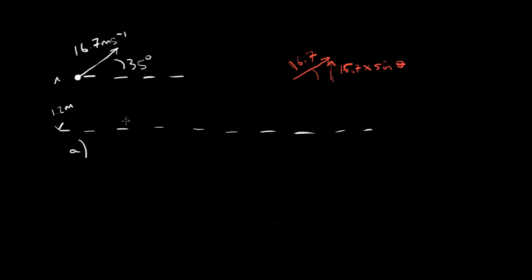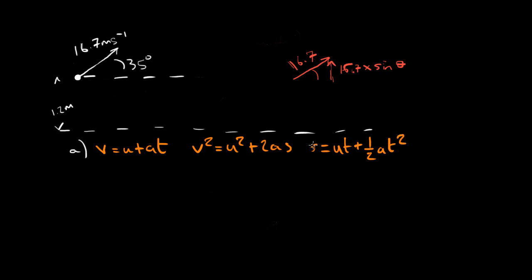So let us see which equation we can use out of our equations of motion, which are, as I'm sure you know, v equals u plus at, and v squared equals u squared plus 2as, and we also have s equals ut plus half at squared, where s is the displacement. So now we have these three, and we want to find the time.